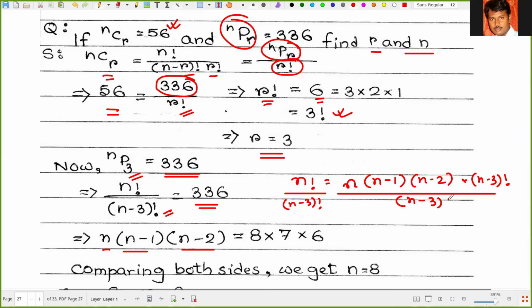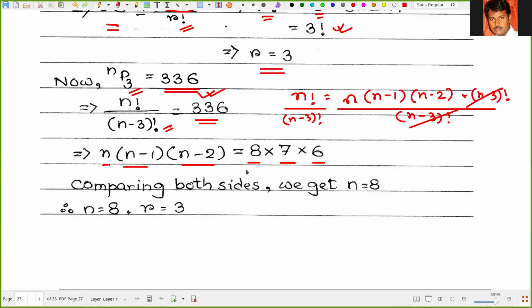So the (n minus 3) factorial can be divided out. So n into (n minus 1) into (n minus 2) is equal to 8 into 7 into 6. That is the 336. Comparing both sides, we can say n is equal to 8. So n is equal to 8 and r is equal to 3.